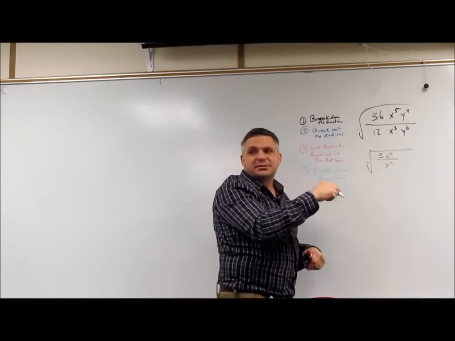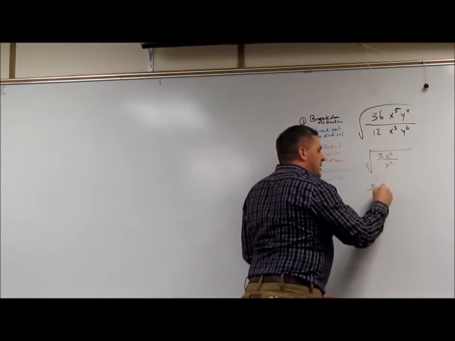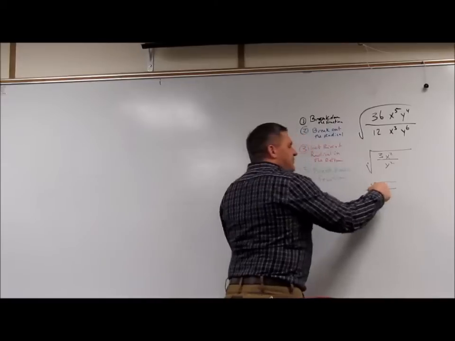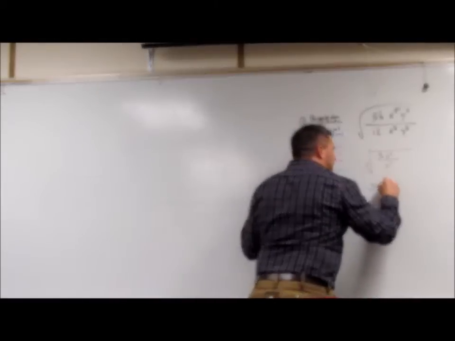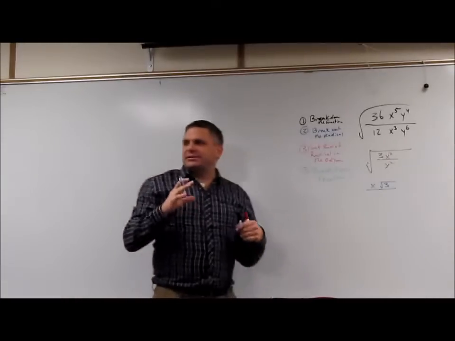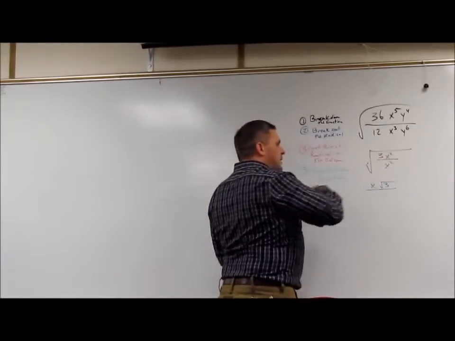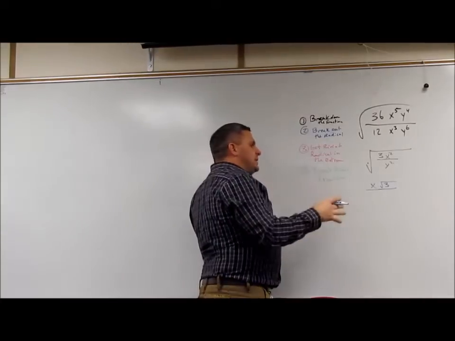How many times? Once. How many are left inside? None. But that 3 is still left inside. With the x's, it's just the 1x. It's pulled out, and no x is left inside.